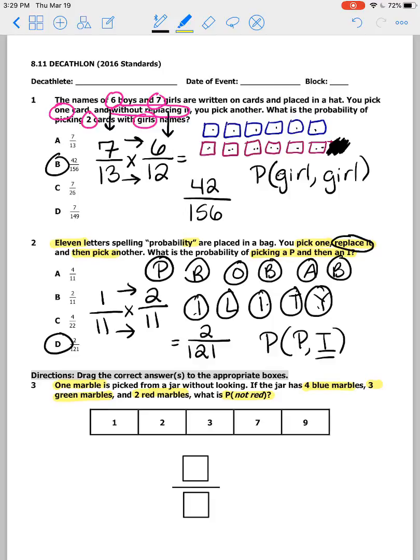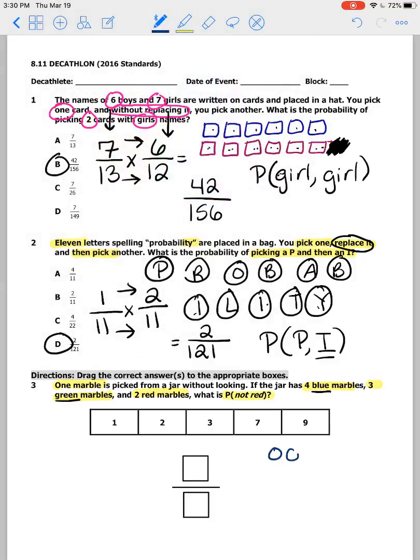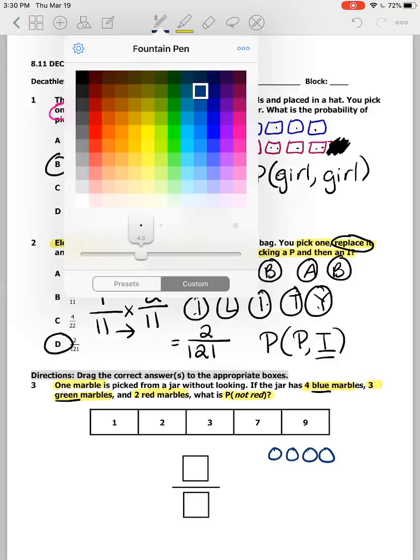So we want to find the probability of choosing a not red marble. Well, as far as I know, blue is not red, green is not red. So we have 4 blue marbles. Let's draw a little picture. And we've got 3 green marbles.